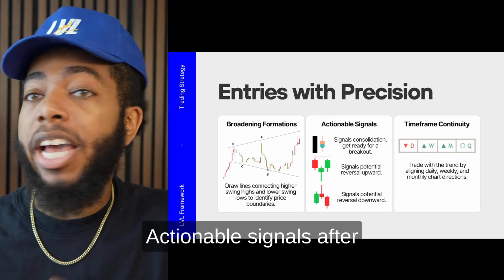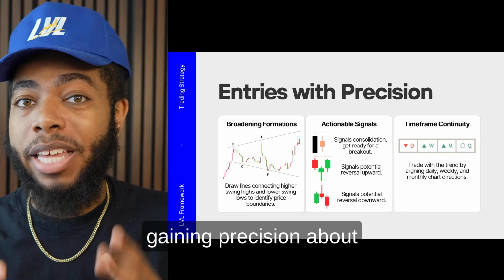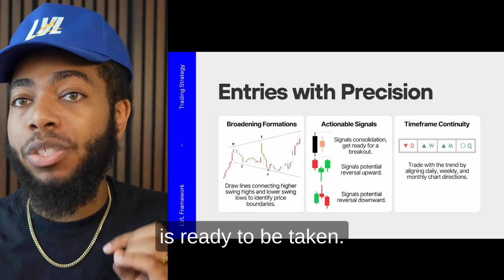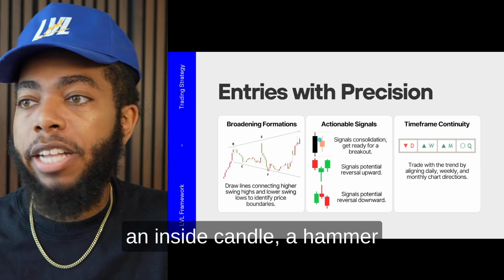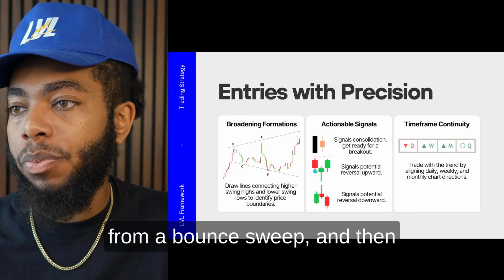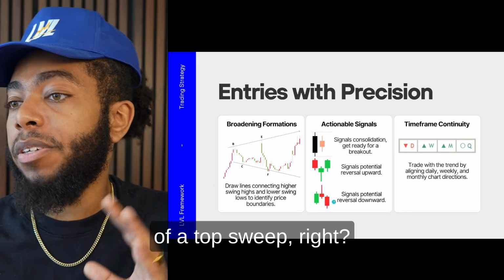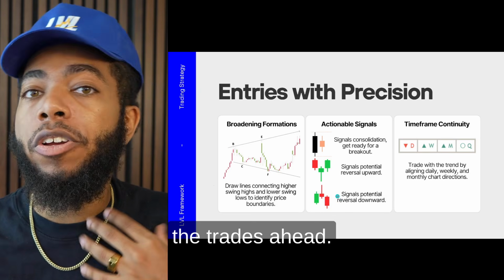Actionable signals after those sweeps of liquidity help us get precision about when exactly the trade is ready to be taken. That is when we have an inside candle, a hammer at the bottom from a sweep, and then a shooter from the top of a top sweep, right? Those can help us prepare for the trades ahead.